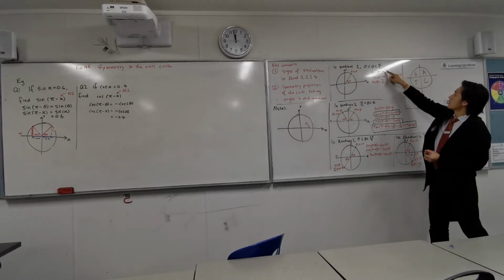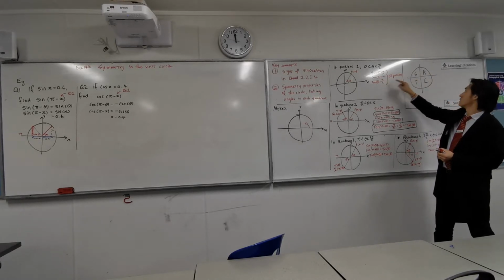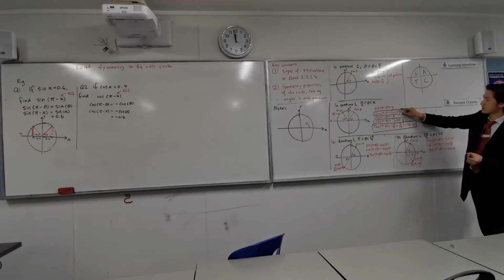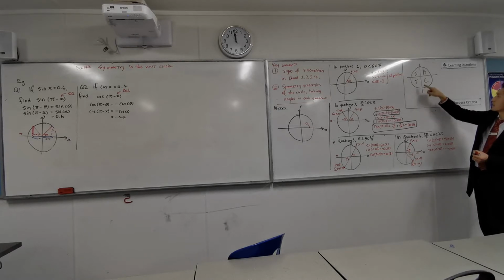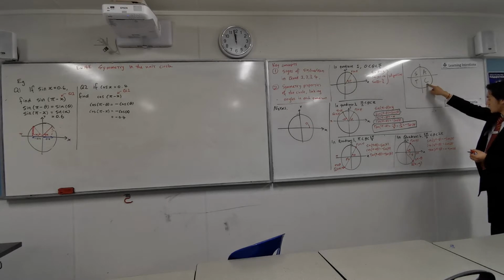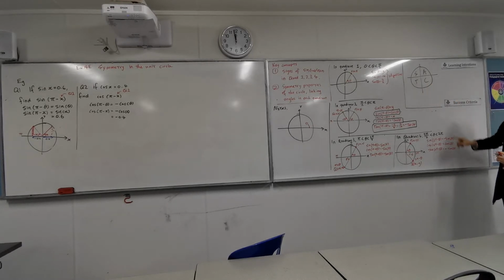In quadrant 1, all of sine, cos, and tan are positive. The second quadrant S means that only sine is positive, all others are negative. T stands for only tan is positive in quadrant 3, and C stands for only cos is positive in quadrant 4. Only cos is positive here.